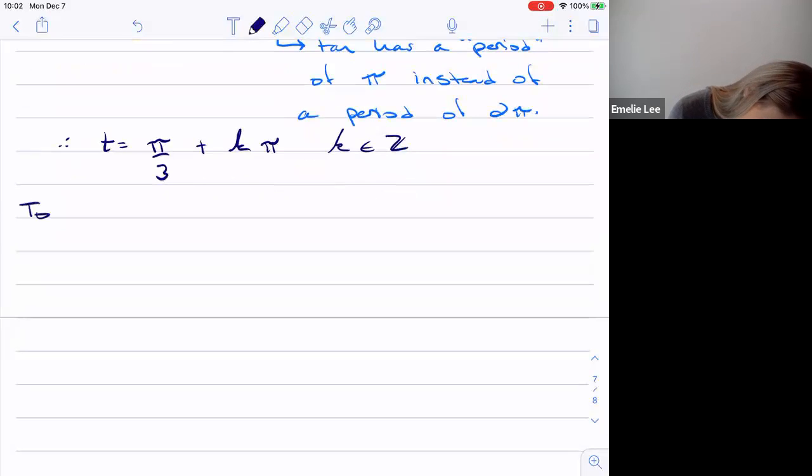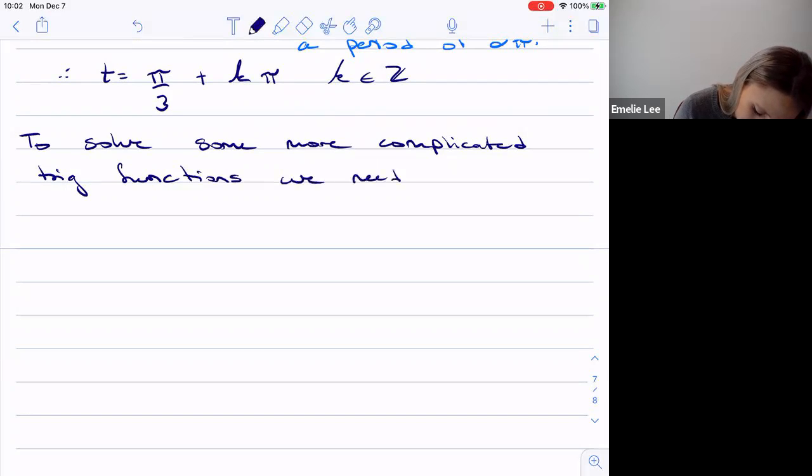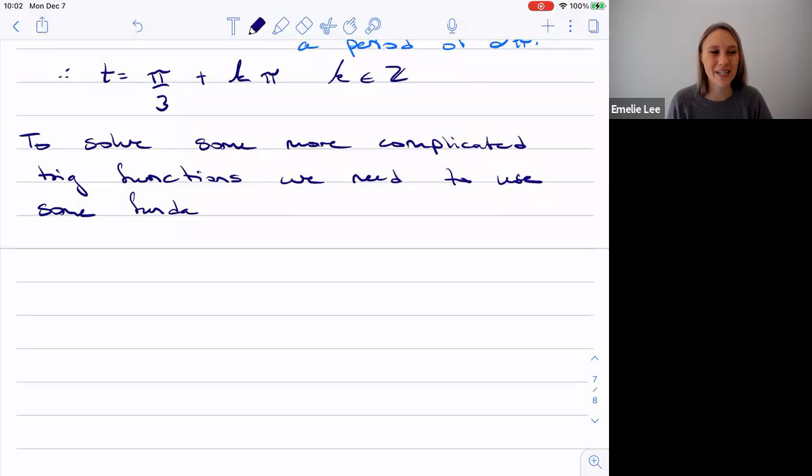To solve some more complicated trig functions, we need to use some fundamental identities. And there are lots more identities, especially trig identities, but these are the ones that we rely on a lot. Some fundamental identities.